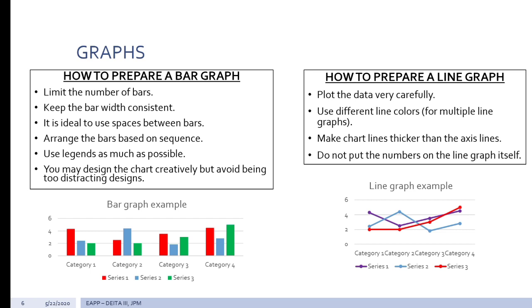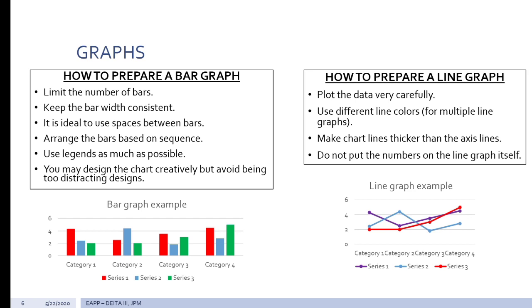Next one, keep the bar width consistent. If the bar width is not consistent, it would mean that with multiple variables, if one is not the same as the other two, it would suggest that that particular bar is very important.